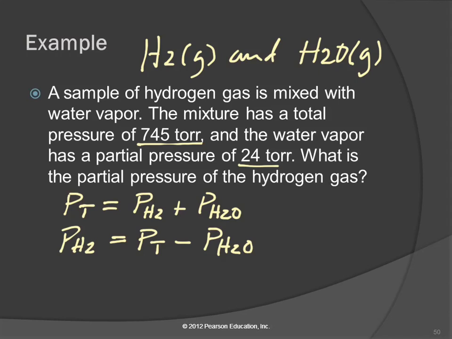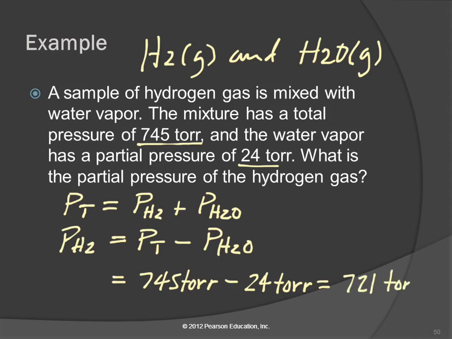So the pressure of the hydrogen equals the total pressure of 745 torr minus the pressure of the water vapor, 24 torr. And that's what, 721. Did I do that right? So the hydrogen is exerting 721 torr of pressure. The water is 24 torr, and so altogether that adds up to 745.